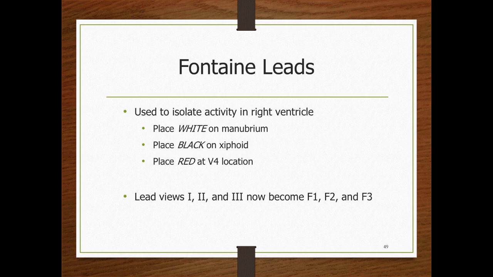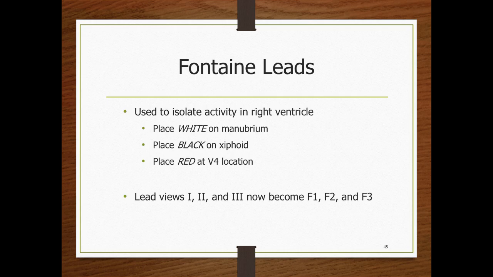And our other fun alternative lead placement are our Fontaine leads. So instead of looking at lead 1, 2, and 3, we're going to change those up, and even though on our monitor it says lead 1, lead 2, lead 3, these are being documented as F1, F2, and F3. With our Fontaine leads, instead of isolating the atria, we're isolating activity in the right ventricle only.